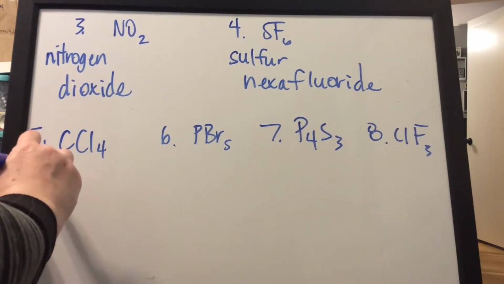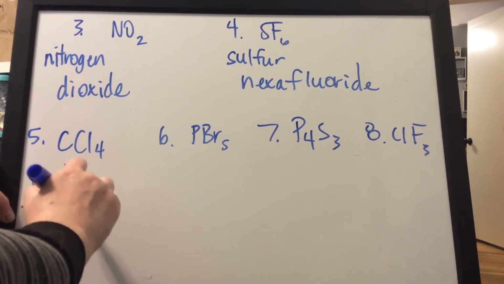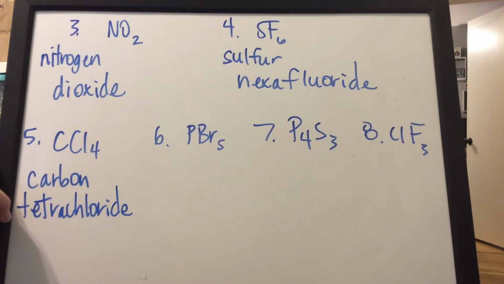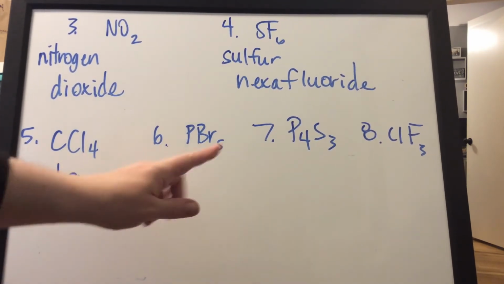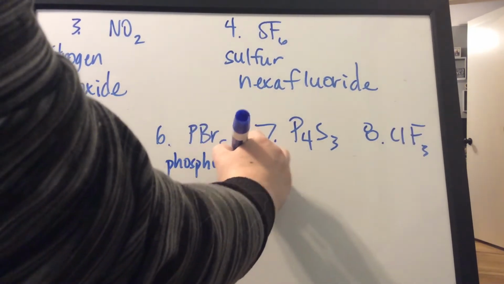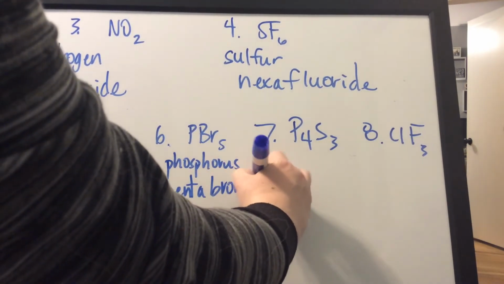This one is carbon tetrachloride. Prefix for 4 is tetra. PBr5 is phosphorus pentabromide.